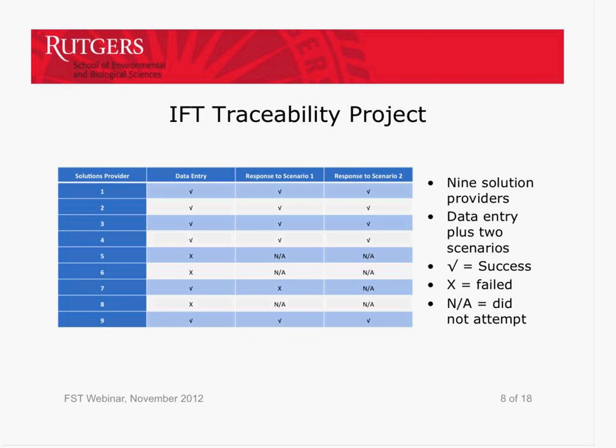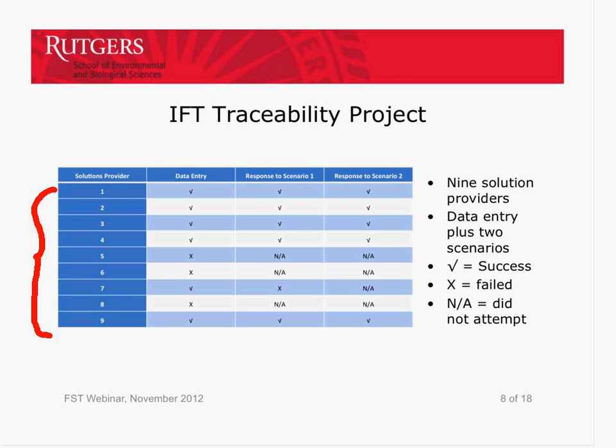And this is again thanks to IFT for providing these slides. This is a summary of how the project went in the first year. And like I said, there were 9 different solution providers that volunteered to be a part of this project.